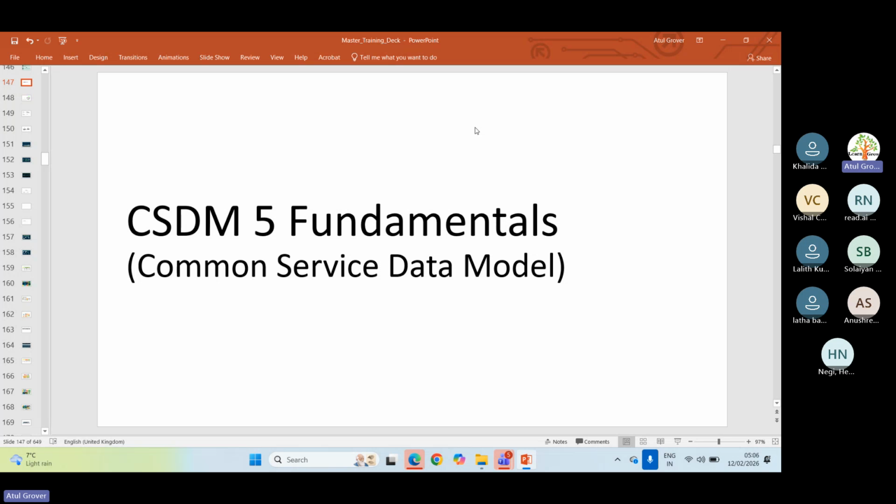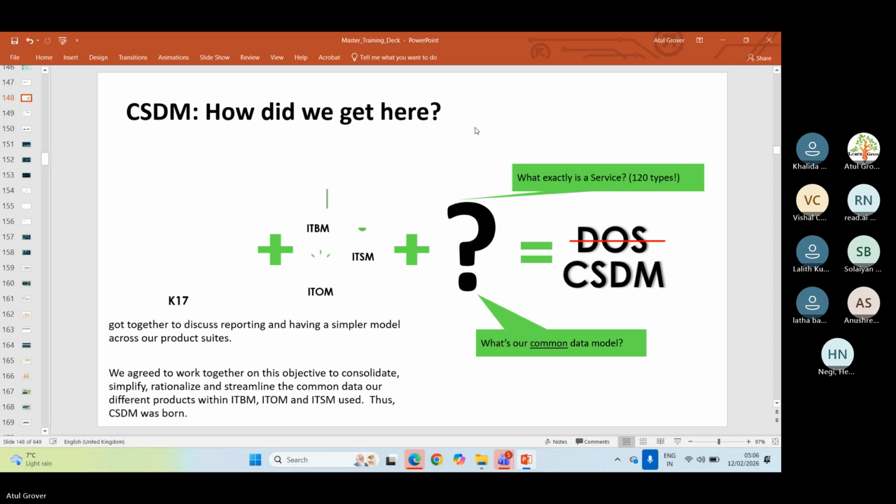So this is where the problem statement came into the picture. If I am providing services to other departments, customers, then how can I make a single report to see the overall picture of my service?